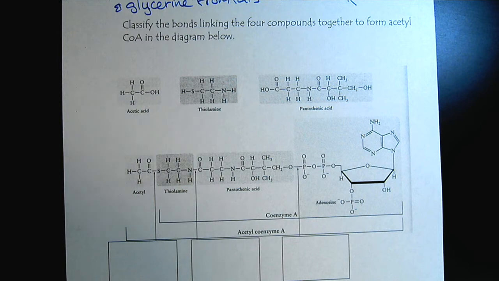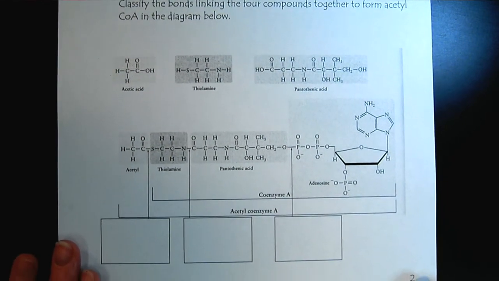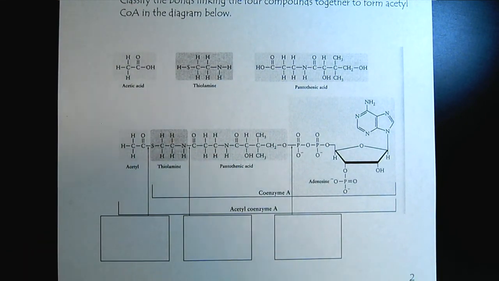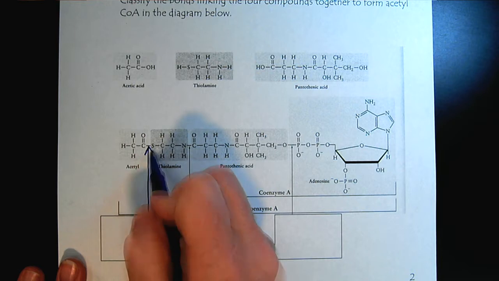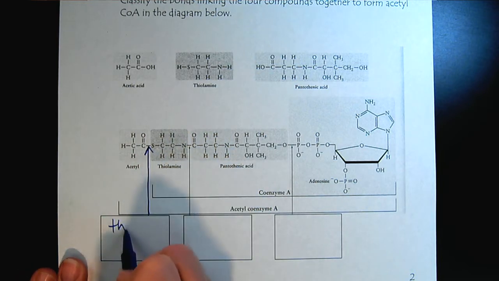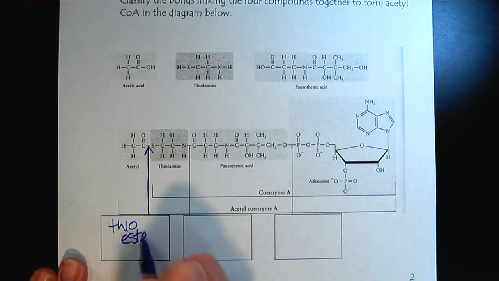Alrighty, so let's practice classifying those bonds. Take a moment to do that. When we look at this bond right here, we recognize that as a thioester. So that's the bond that we showed that was formed in the reaction above.